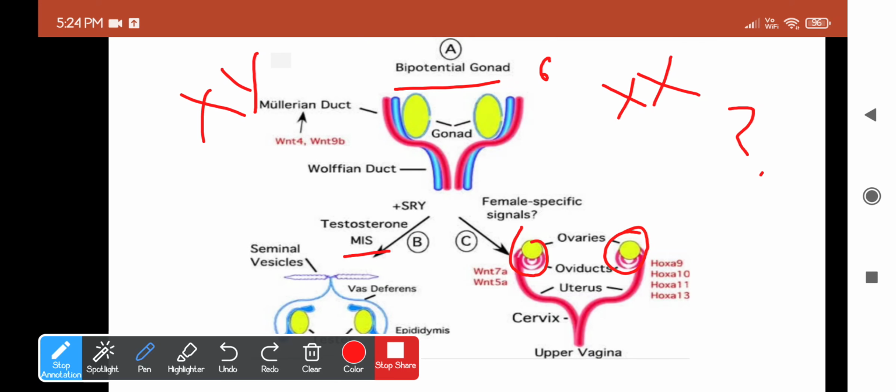Hence the Mullerian duct will completely develop into the fallopian tube, uterus, and the upper two-thirds of the vagina, forming the internal genitalia, and the external genitalia arises from the urogenital sinus under the stimulus of estrogen. So just the presence or absence of SRY in the Y chromosome determines whether it should be the female gonad or the male one.